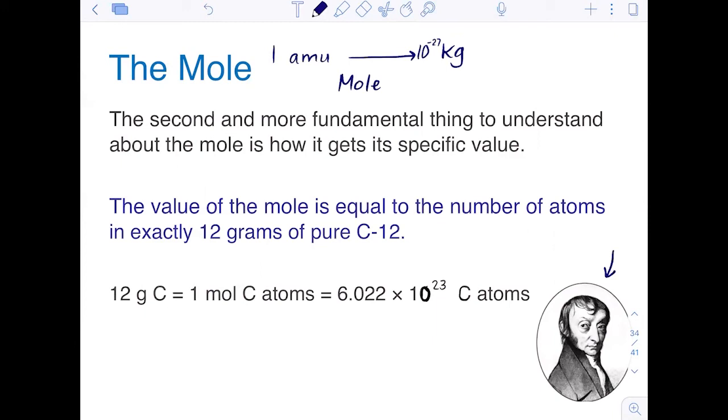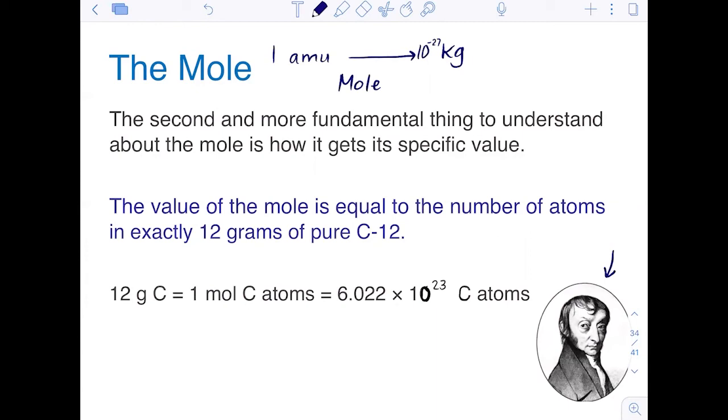Avogadro was the first scientist to actually investigate the actual number of particles in a sample. Amedeo Avogadro was from Italy. He was born in the late 1700s and went to the University of Turin.